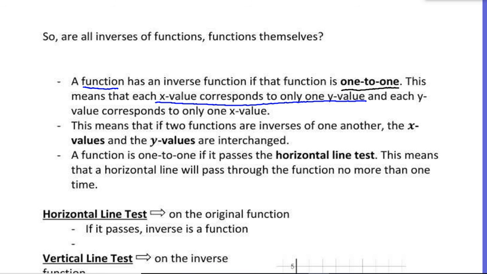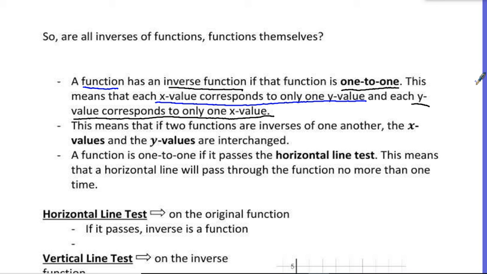But the inverse is a function if each y value corresponds to only one x value. That would be the inverse function. This means if two functions are inverses of one another, the x values and y values are interchanged, as we've already explored. And then a function is one-to-one if it passes a horizontal line test.